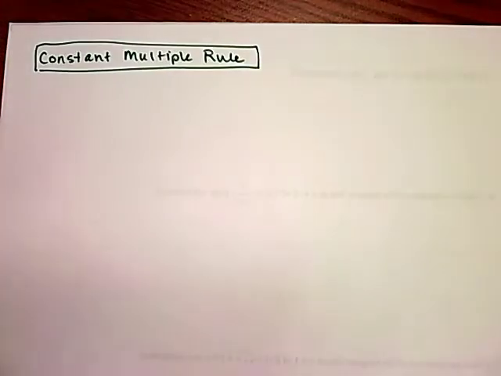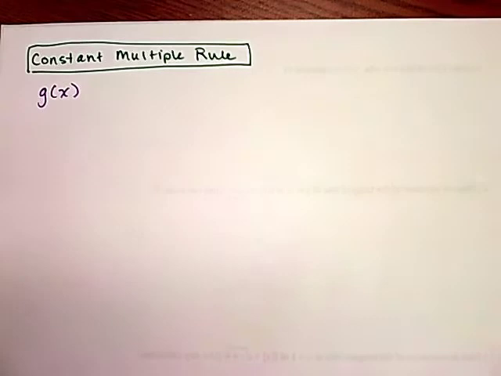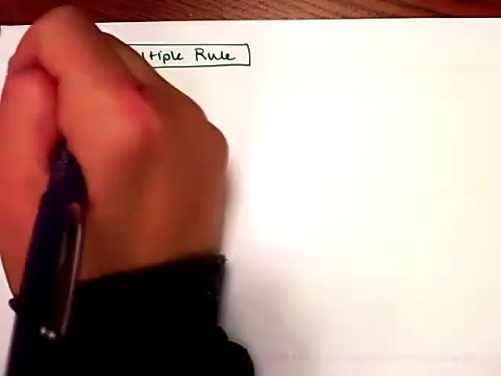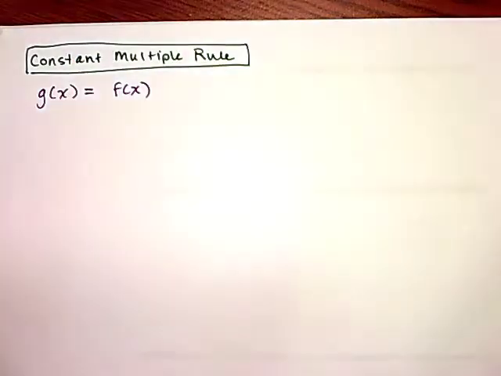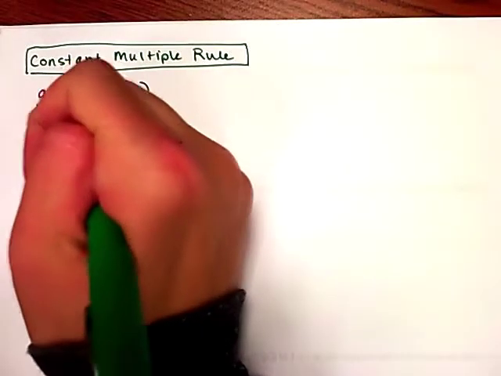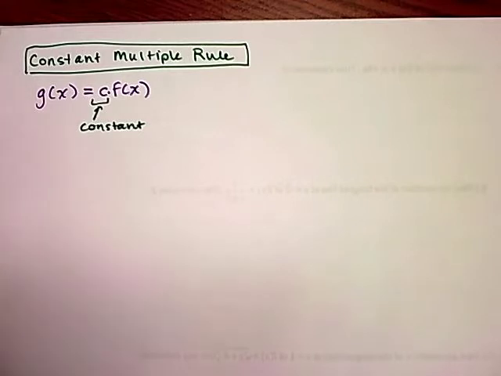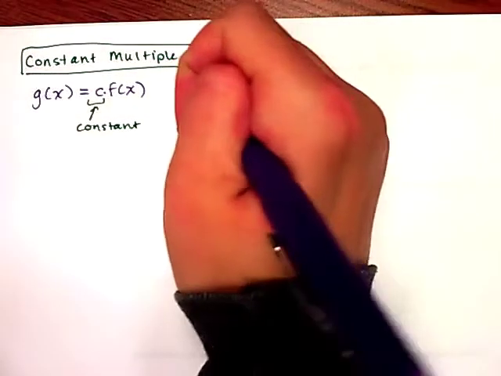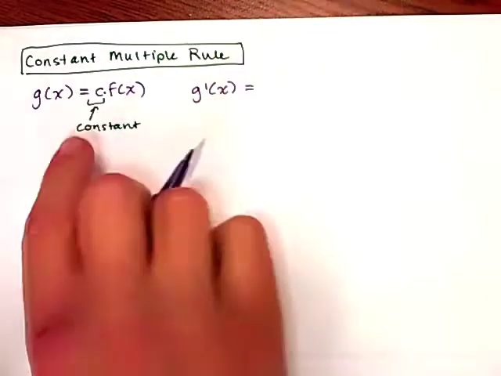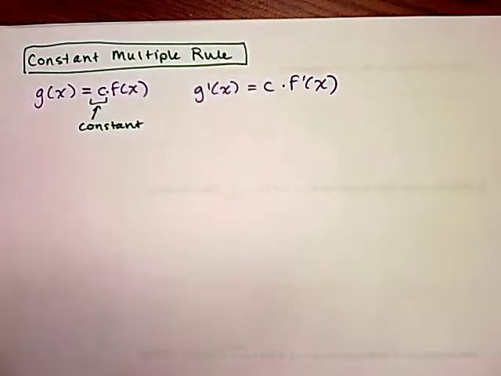The constant multiple rule says that if you have some function, I'm going to call g of x this time, there's a reason why I'm saying g instead of f, and g of x is equal to some other function, f of x, multiplied by a constant, so I'm going to represent that by a c out front, that's my constant, and it's being multiplied to a function, then we have a rule that says the derivative here, g prime of x, is exactly that constant times the derivative of the function f of x.